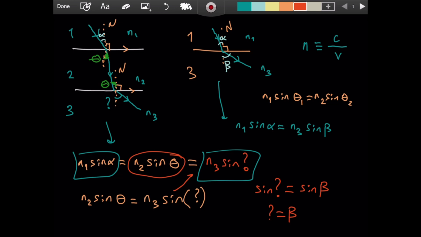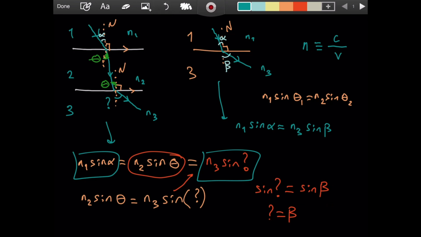So in fact, it doesn't matter if we have 2 between 1 and 3, because the result is the same. And in fact, if you had 2 and other mediums between 1 and 3, you still would get the same result. An important mention here is to consider this statement more mathematically.